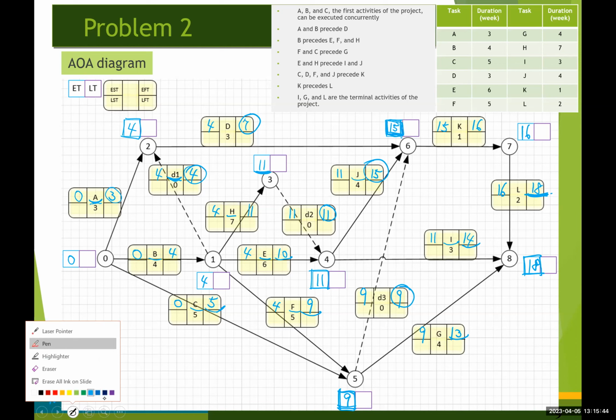Okay, now let me change the color. Since we know the project can be completed in 18 weeks, we know the latest time for event number 8 is going to be 18, right?